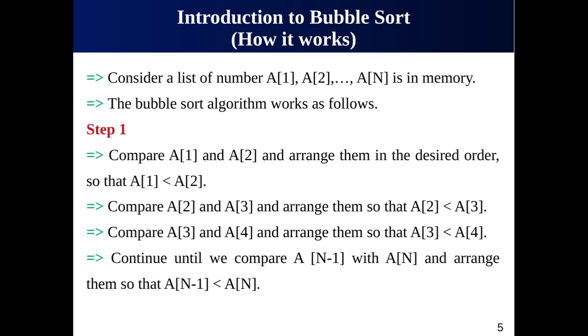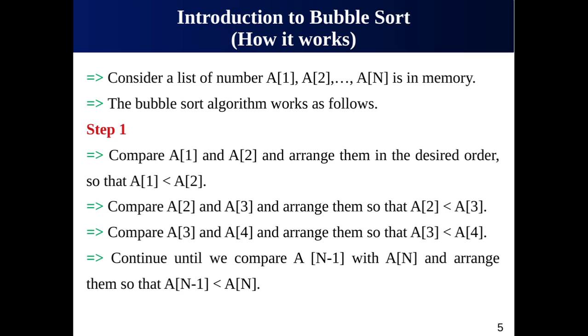And then the algorithm repeats the process until no swaps are needed, which indicates that the list is now in sorted form. It should be noted, however, that each pass has the potential of moving a number of elements closer to their final positions. These are the passes that we make over the data to move the elements to the proper positions.